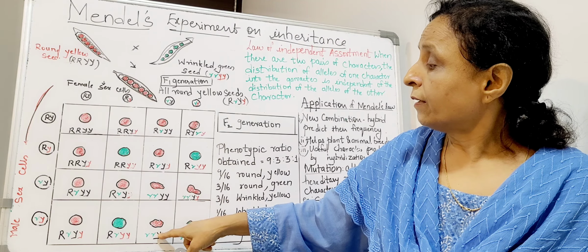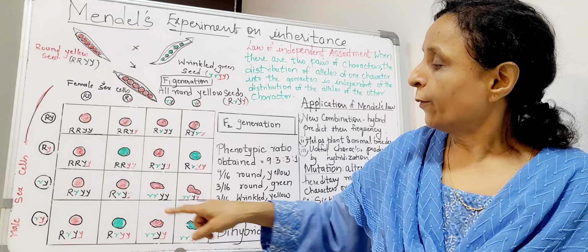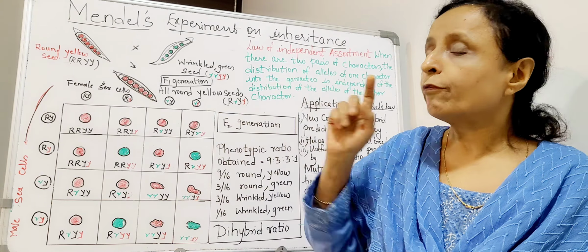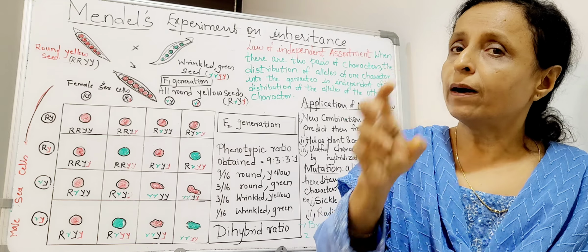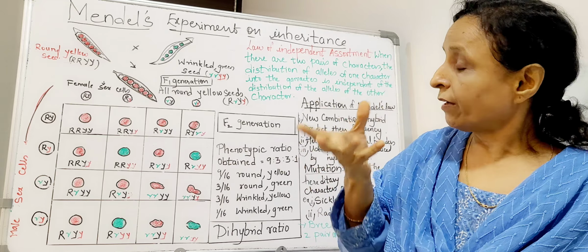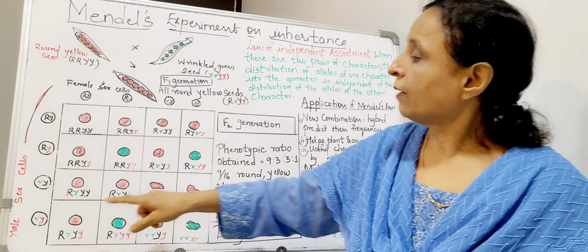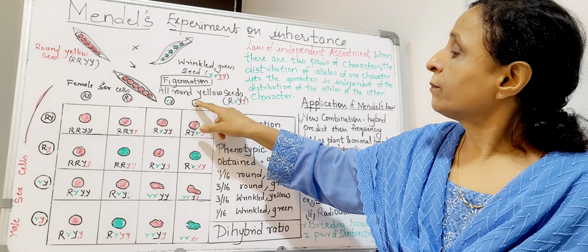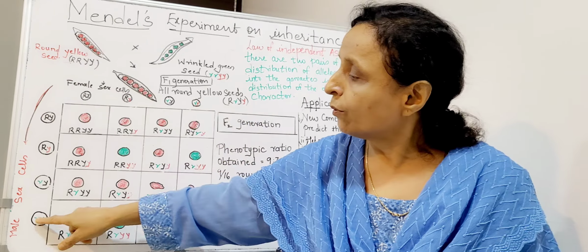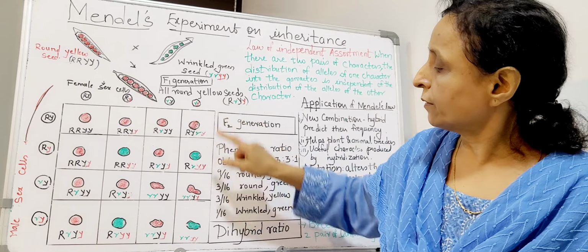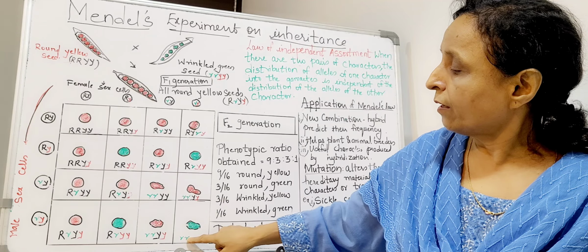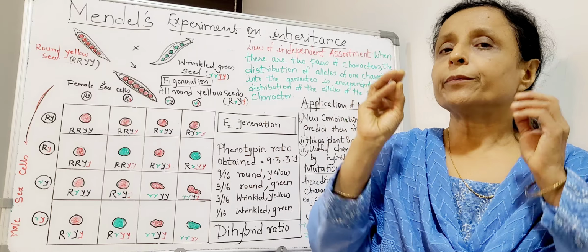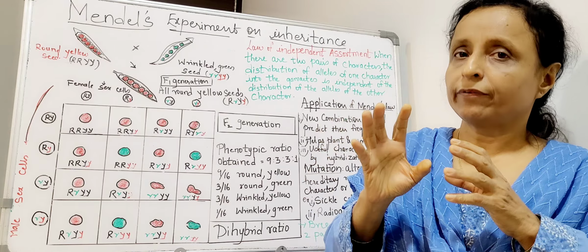But the color here is yellow because capital Y for yellow is present, therefore it is yellow in color but crumbled, wrinkled. Now this RY combines with small ry. Now both are recessive. Naturally small rr, small yy is there. The seed is going to be green in color and wrinkled.